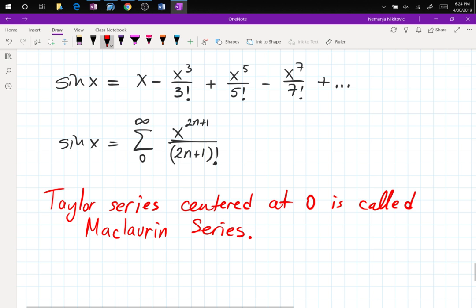Maclaurin was the first one to do the centering at 0 only, and then Taylor did the center at a, so anywhere. So clearly both names are there, but every Maclaurin series is a Taylor series centered at 0. If you center it away from 0, it's no longer Maclaurin series because Maclaurin did only centering at 0. That was the first result, and then you make something more general. And then there are power series, more general than Taylor series.